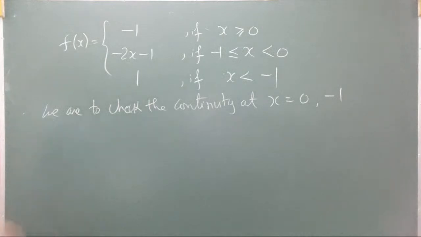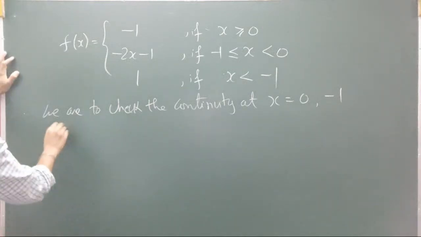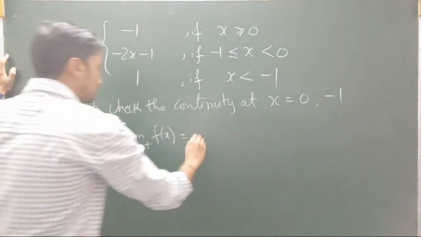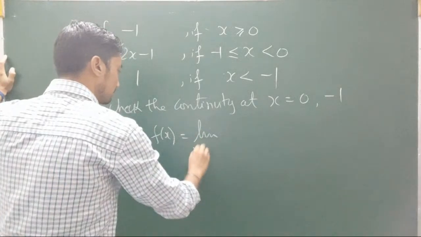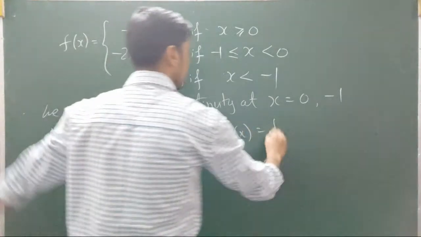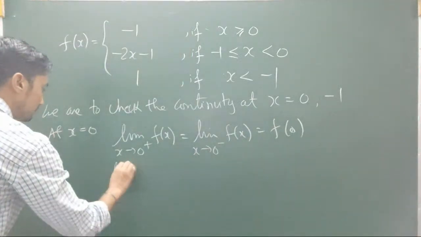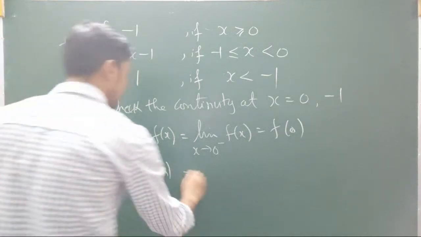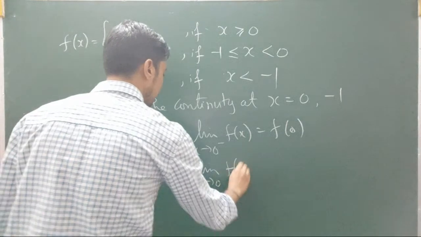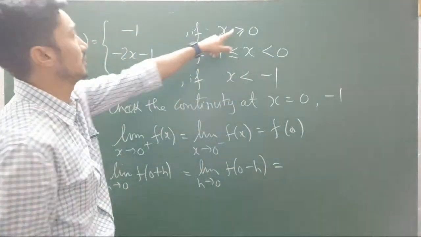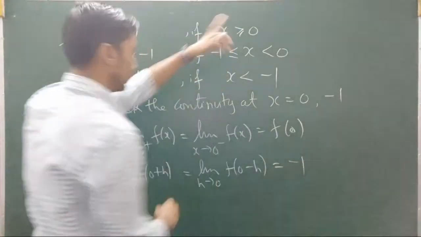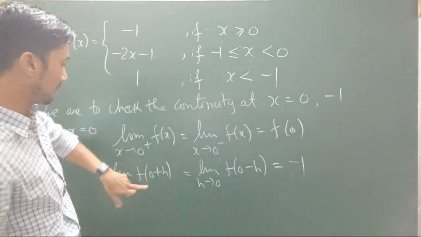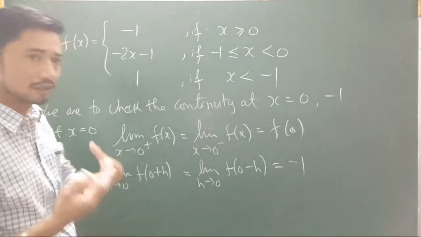Alright, so let's check at x equal to 0. So I'm going to do it directly, that is x = 0 plus f of 0 minus 1, because it's equal to 0. 0 plus h, anything that is greater, again you see 0 plus h represents something that is greater than 0.